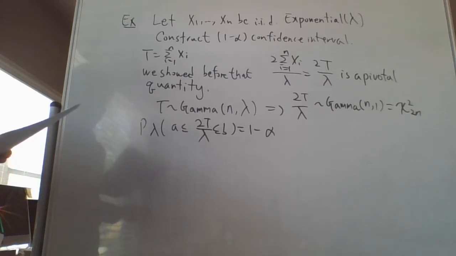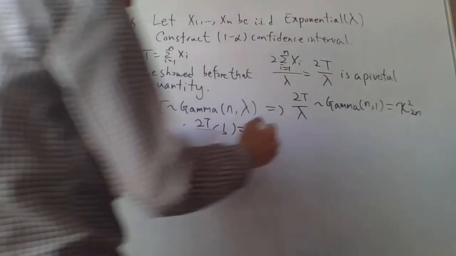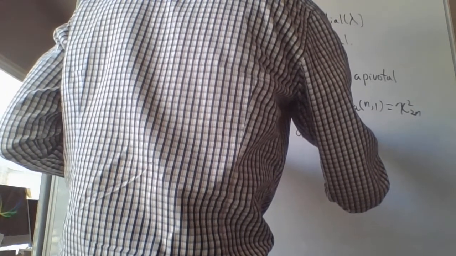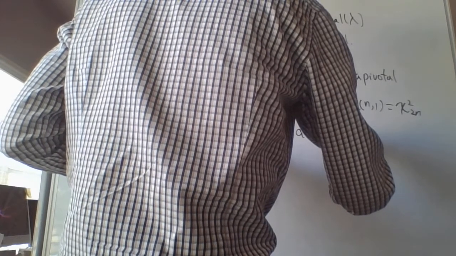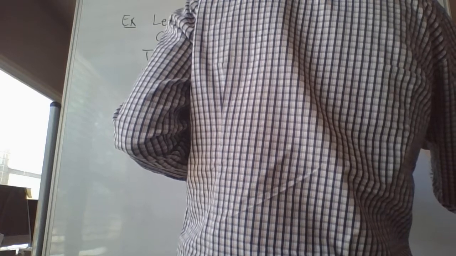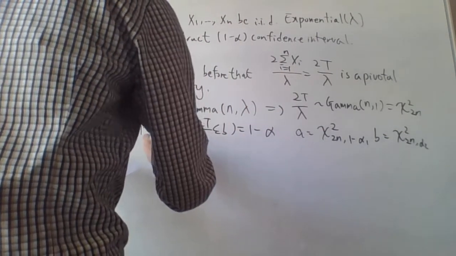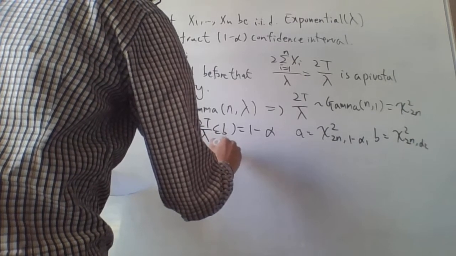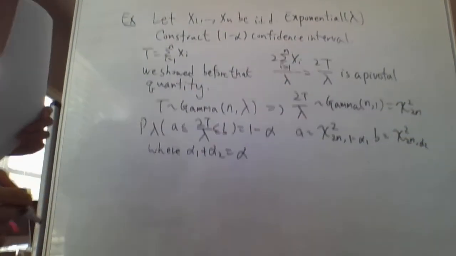And then here, A, you can take chi-square with 2n degrees of freedom, 1 minus alpha 1. B is chi-square with 2n degrees of freedom, alpha 2, where alpha 1 plus alpha 2 equals alpha.